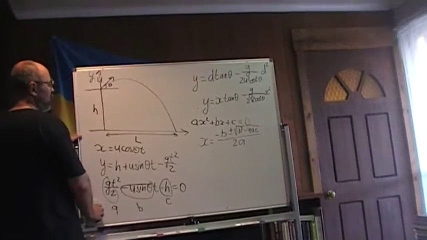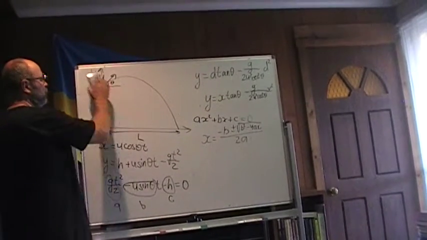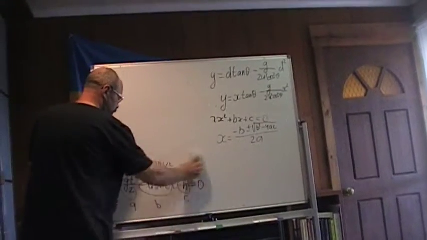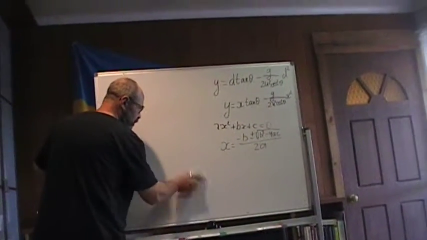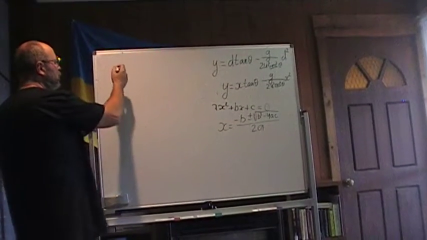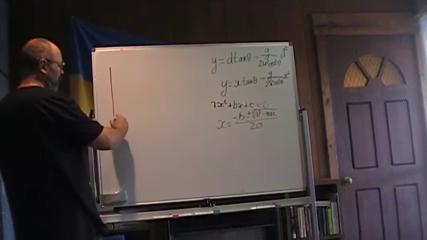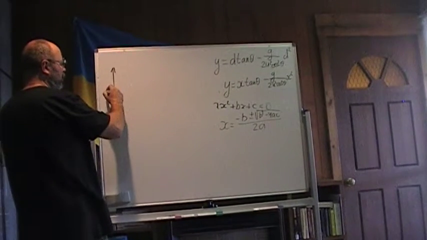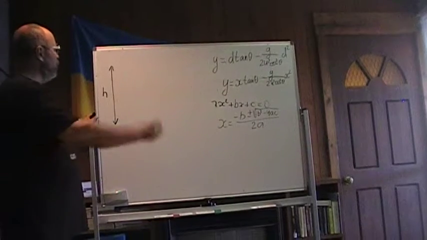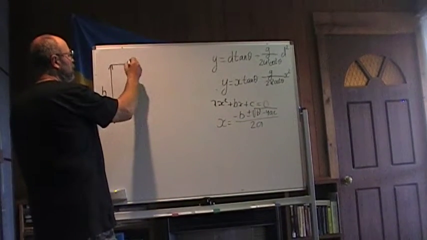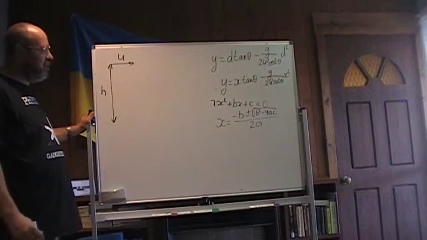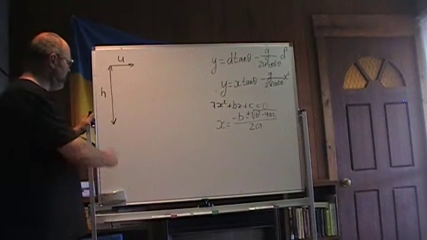One more example. There is a helicopter flying at height h with a horizontal velocity u, and it drops a package that needs to be delivered somewhere.